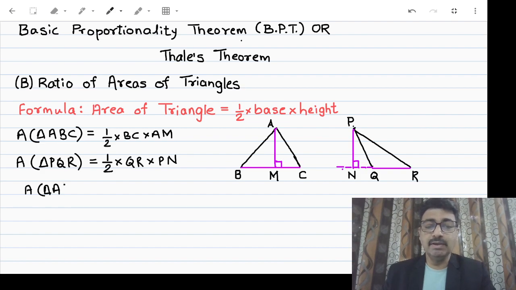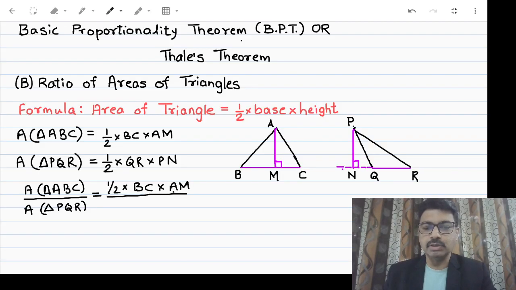Now that we have the areas of triangle ABC and triangle PQR, what is our next step? We had to find the ratio. So let us take area of triangle ABC upon area of triangle PQR. We will be getting half into BC into AM upon half into QR into PN, right?